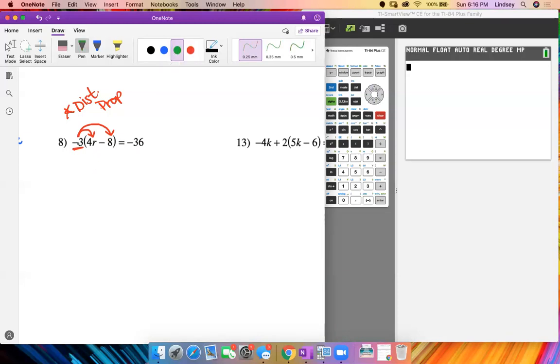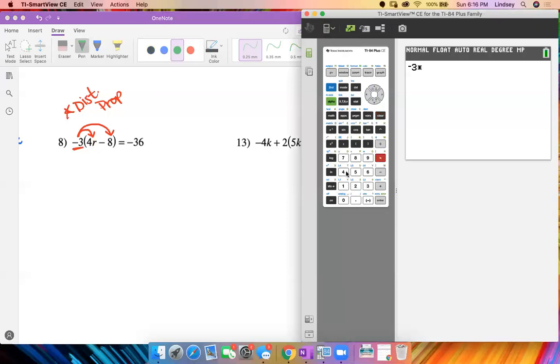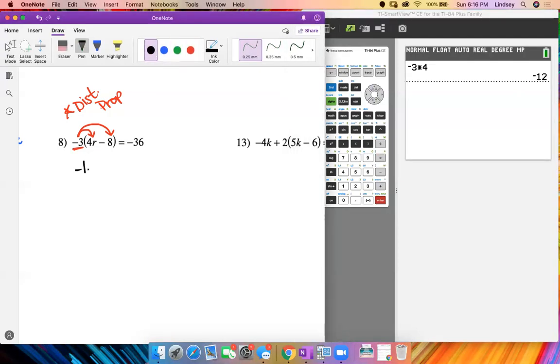So I have negative 3 times a positive 4. So negative 3 times positive 4, I do it in my calculator, I get a negative 12. So I get a negative 12, bring down my variable. All right, this is the part where you really need to pay attention. I have a negative 3 times a negative 8.